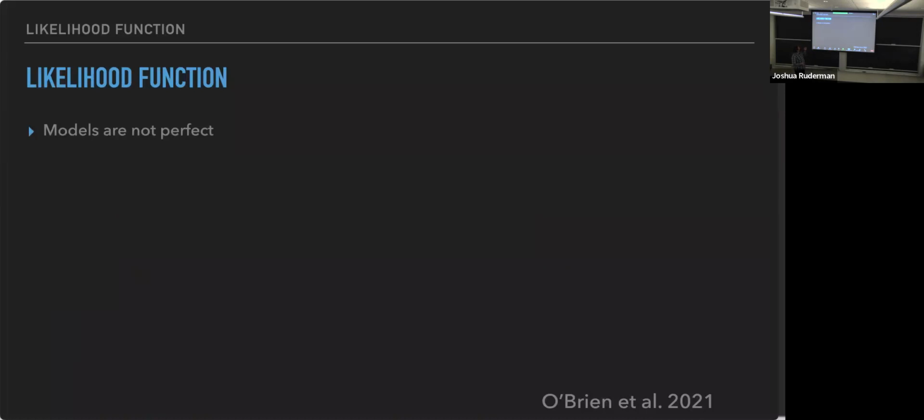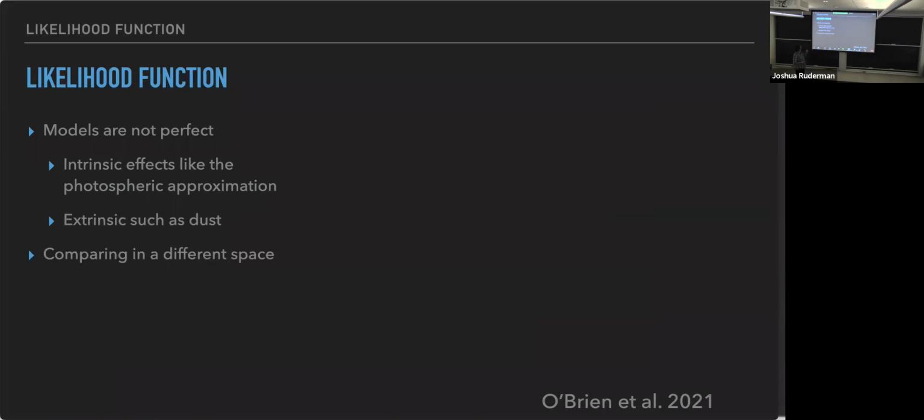The other thing is the likelihood. Directly comparing the models to the data is really difficult because there's dust in there, and TARDIS has some physics issues like many codes. The models are not perfect, and we're trying to make a likelihood function that accounts for this. We have intrinsic effects as well as extrinsic effects, and we decided not to compare directly with chi-squared but to go into a different space.